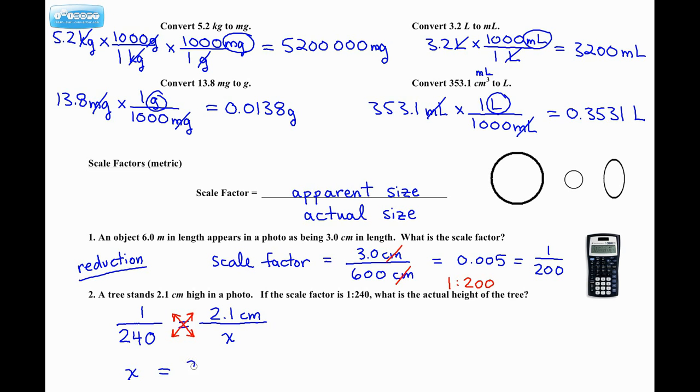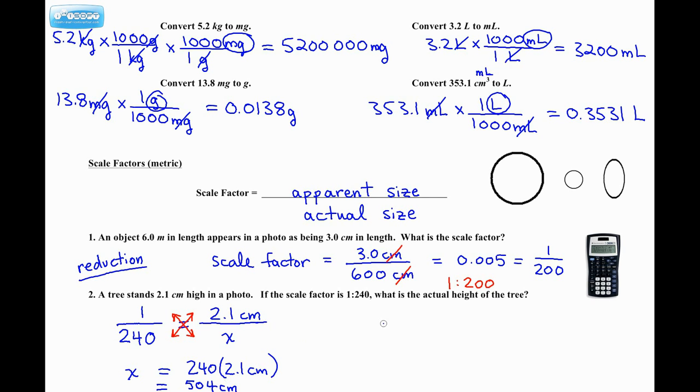So this was 240 times 2.1 centimeters. Now that I will work out below here. Just squeeze it in. Which gives 504, and we are in centimeters. Because remember, this 240 over here, well, that ratio anyway is unitless. Okay, so that is actually the actual height of the tree.